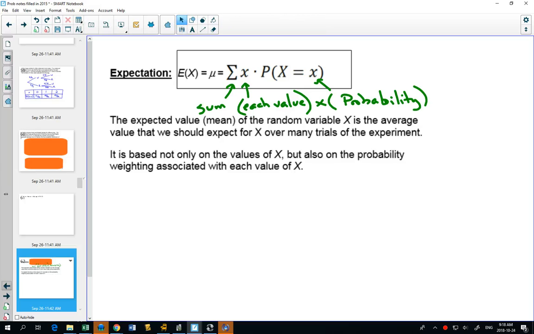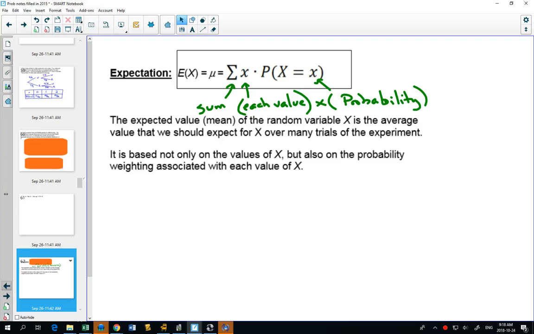And it's really the exact same formula that you've always used for mean, right? You just add up how many you have and divide by how many there are in total. But the probability already has that built into it.